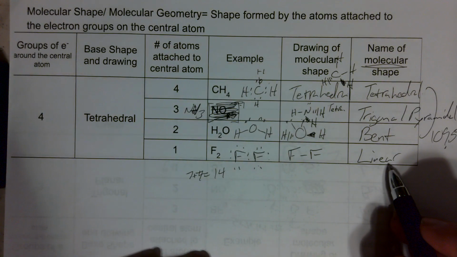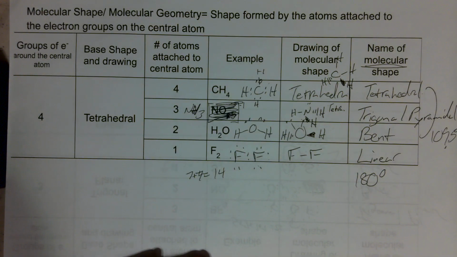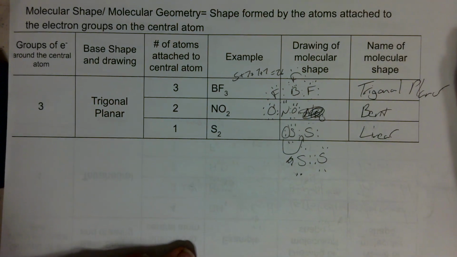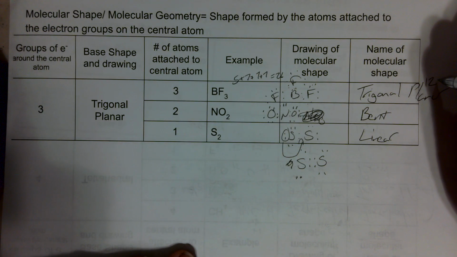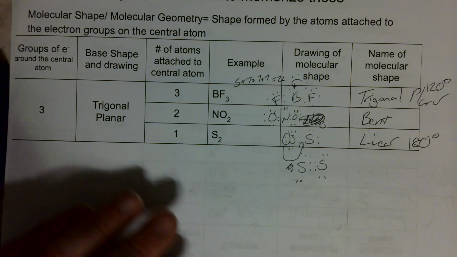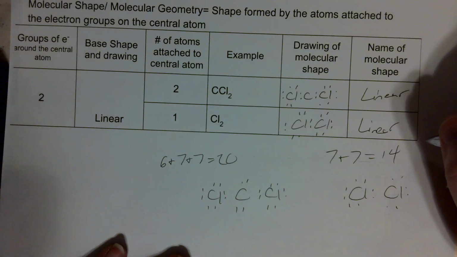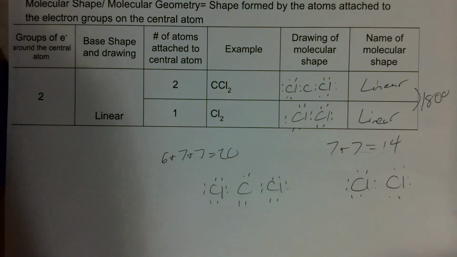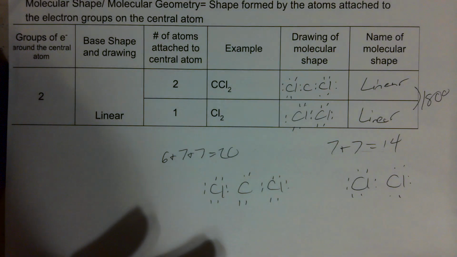What was the bond angle for a linear? 180. If I take a look at my trigonal planar, it was 120 degrees. For linear, it was 180 degrees. And lastly, for my linears, obviously there's going to be 180 degrees. Just like they were for the base shapes, we want to keep that same energy moving forward.